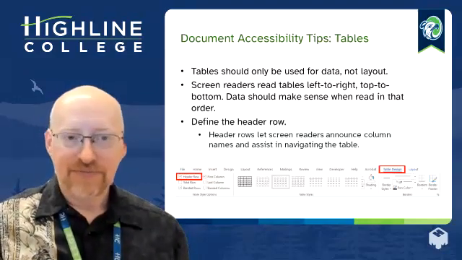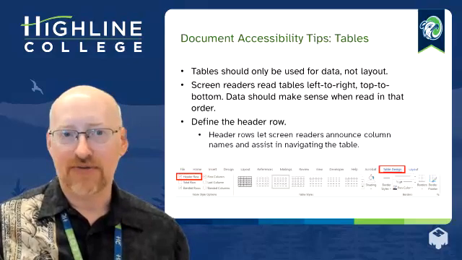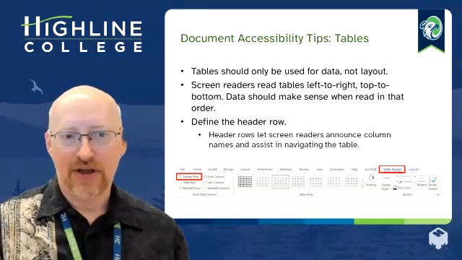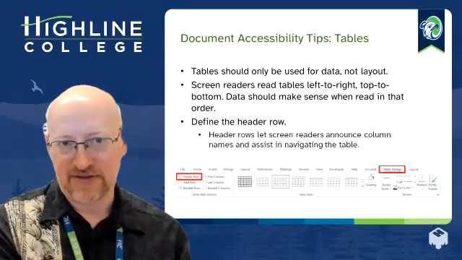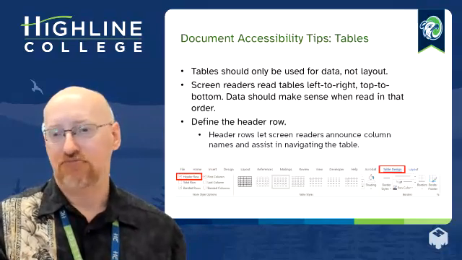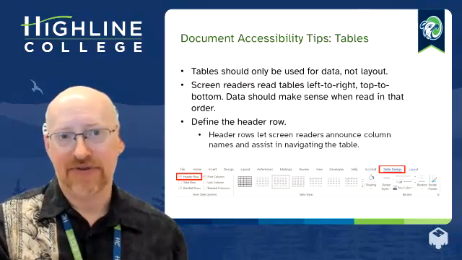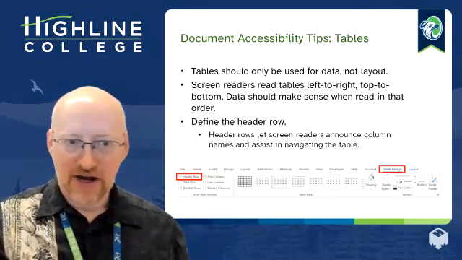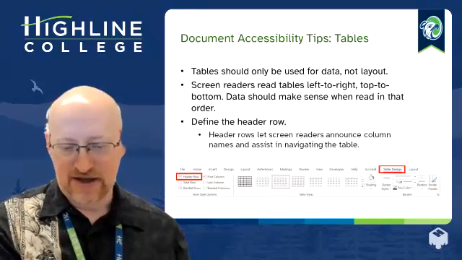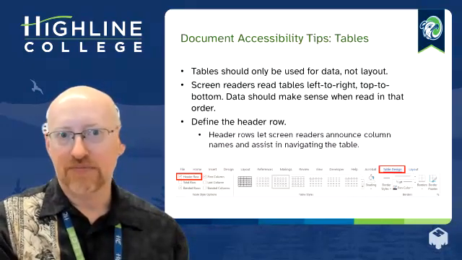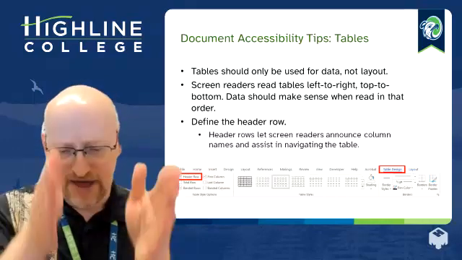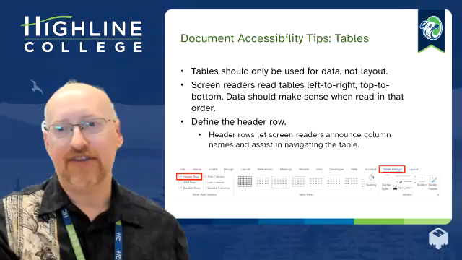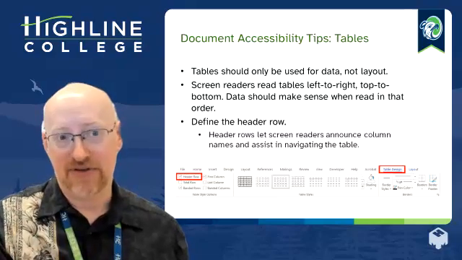And again, going back to someone with a screen reader, as they navigate through a table, if there's no header row, the table will just say, you're in this cell, this is what the information is. And so it might just say, cell 2, 90%. But if you've included a header row at the top that says something like A grades or humidity or whatever that column is, it will say cell 2, humidity 90%.